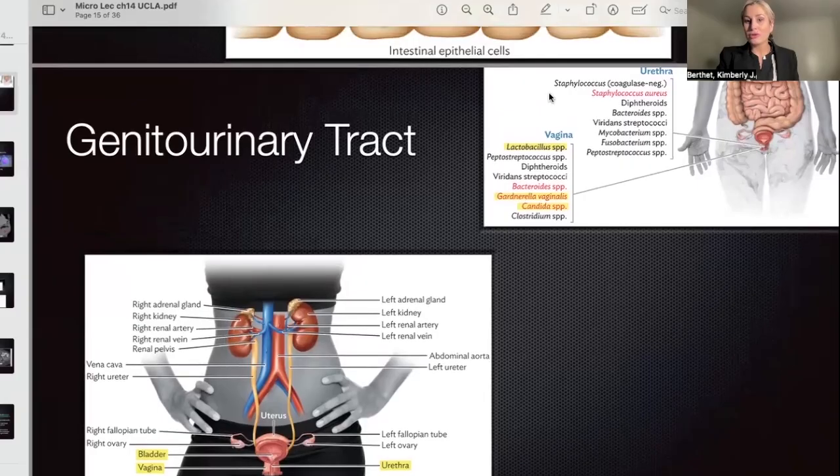Looking at the genitourinary tract, we might recognize some of these microorganisms like lactobacillus or maybe candida here. Candida is actually a fungal, a yeast. If people have a yeast infection ever, a yeast infection can come about by dysbiosis. We see that the vagina is colonized by all of these different species of microorganisms.